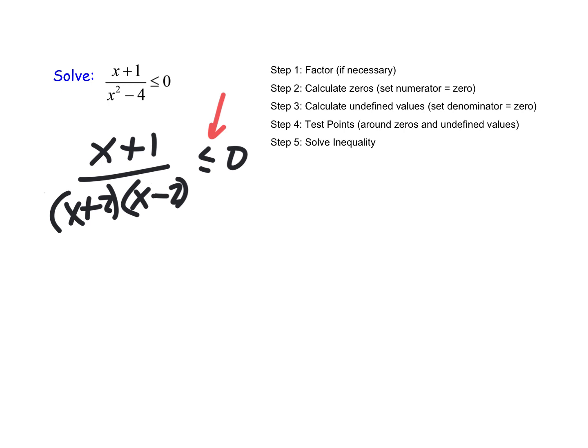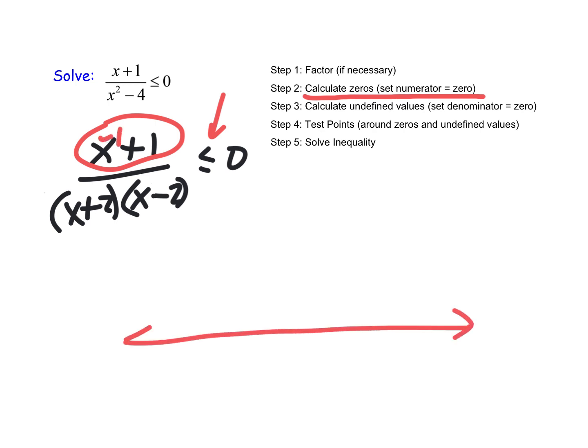All right, so far, all you've had to do is factor this thing. It's not that hard. But now what you need to do is figure out the zeros. That's what makes the top zero. Well, it's not too hard. What makes the top zero is if I put in -1. So that's one of my key numbers. And I think the only way to do this is to put that on a number line. Circle it.